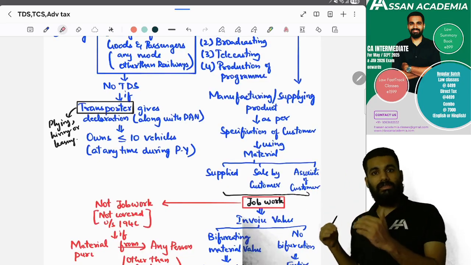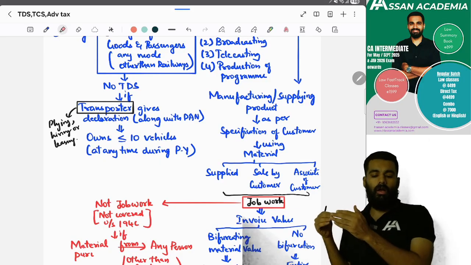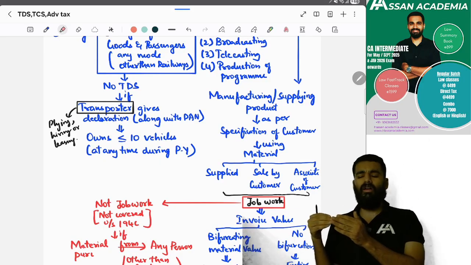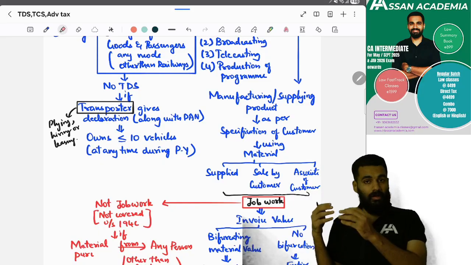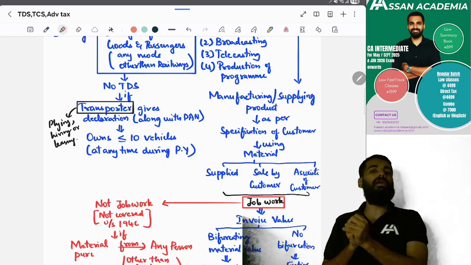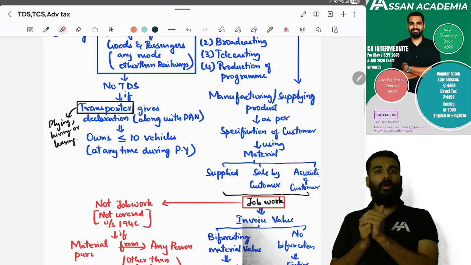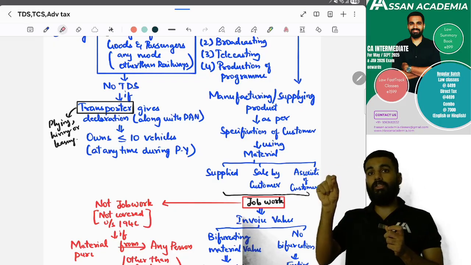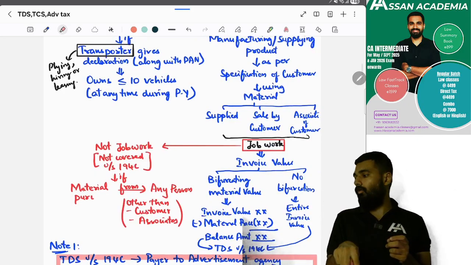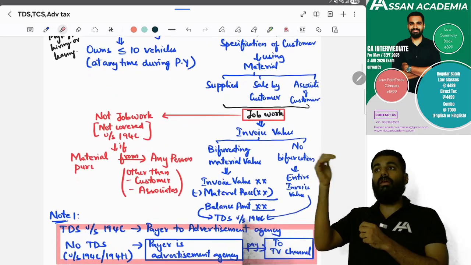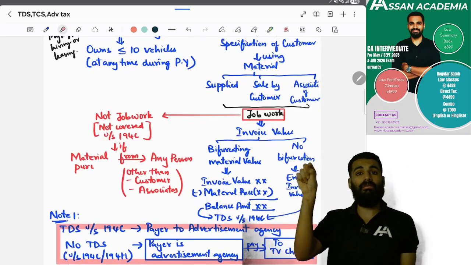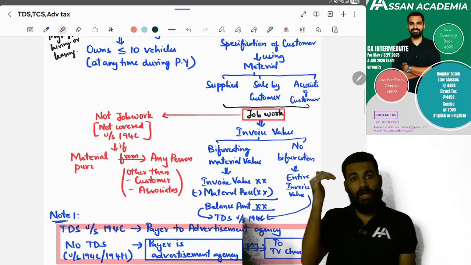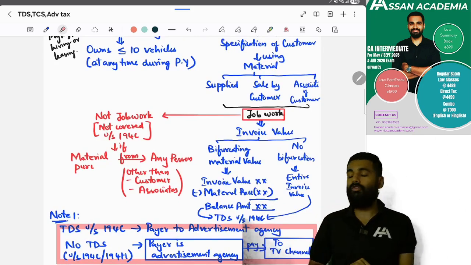If the customer is giving some particular material, and from this material you make this particular product, this is called job work. So for this job work, you have to reduce what the customer has given. Then from the balance amount only you have to deduct TDS.